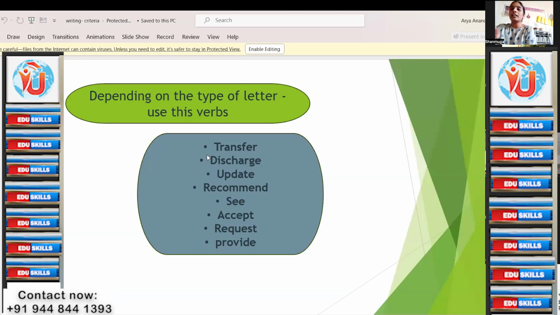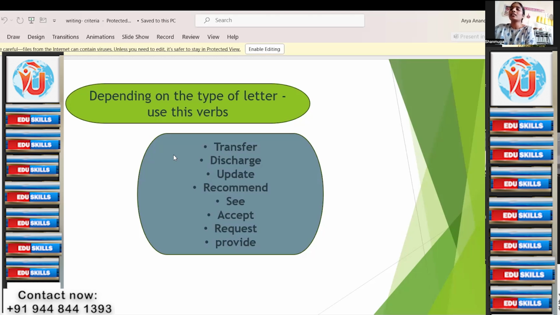Not only "I'm writing to refer" or "this letter is being written" - not only based on that fixed format, you can change to words like "I'm writing to transfer this patient," or "this patient is being discharged from our care."